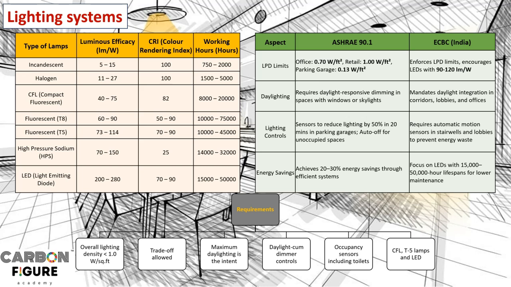So let's talk about the different types of lamps: incandescent, halogen, CFL, fluorescent T8, then fluorescent T5, which might be the upgraded versions, high pressure sodium HPS and LED. If you simply see luminous efficacy, it starts from lower and reaches the top with the LED. So far LED itself is getting evolved slowly with gradual advancements.